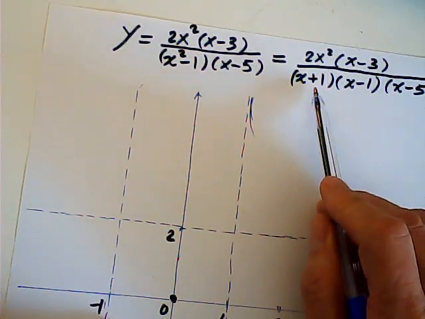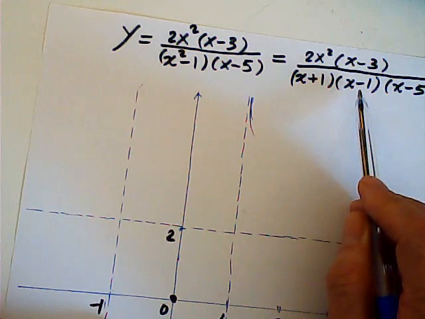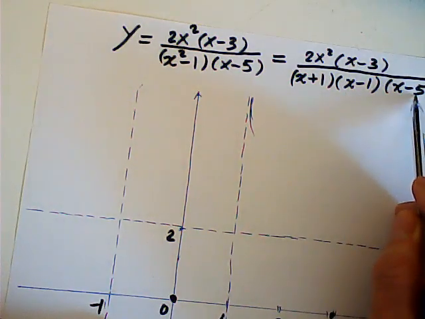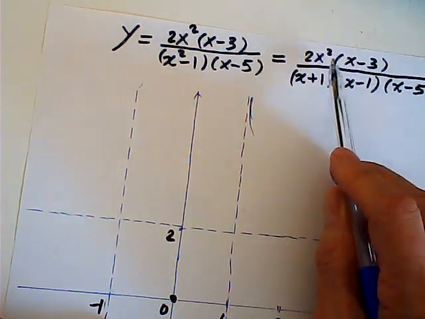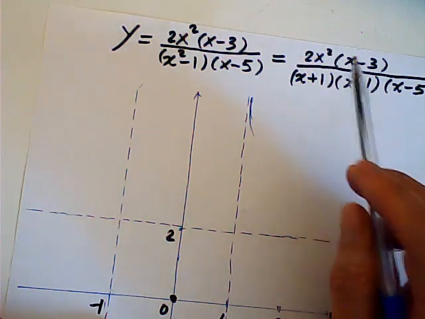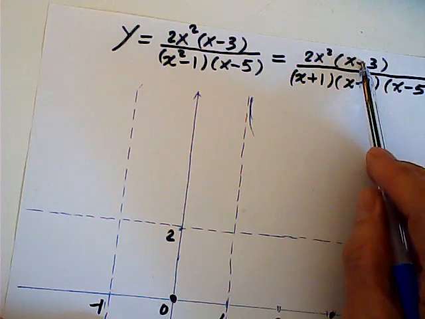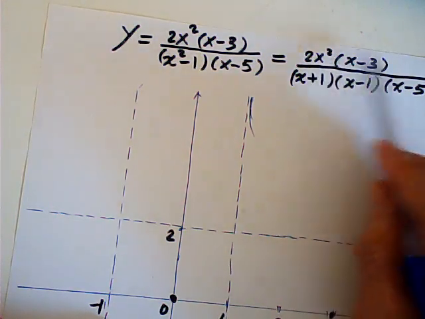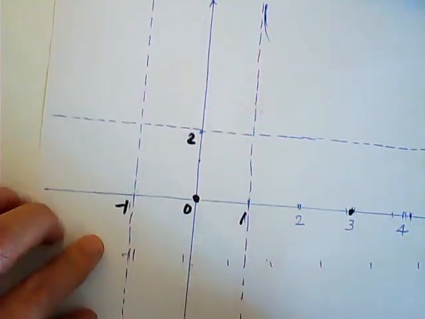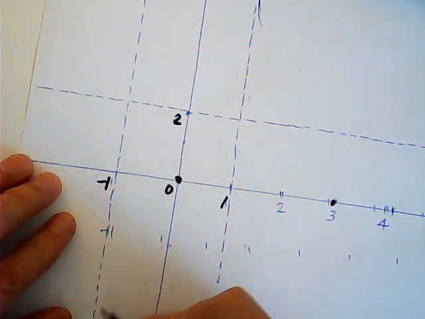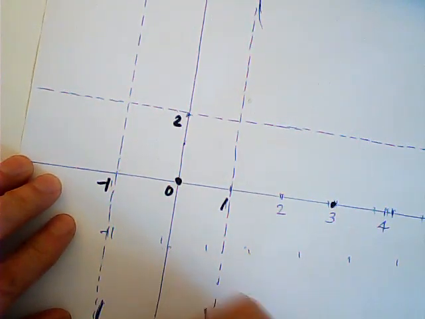So this is positive, negative, negative, negative, positive. So overall is negative infinity. What is this here?